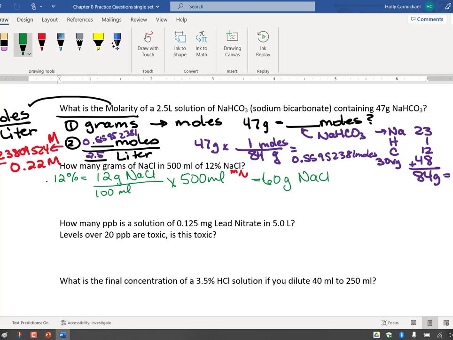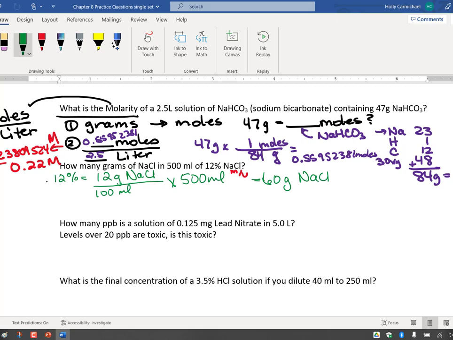Percent is either just grams per milliliter, grams per 100 mils, or grams per 100 grams. Most of the ones we talk about are solutions where it's a solid dissolved in a liquid, so it's most of the time grams per 100 grams. That's the most common percent value.